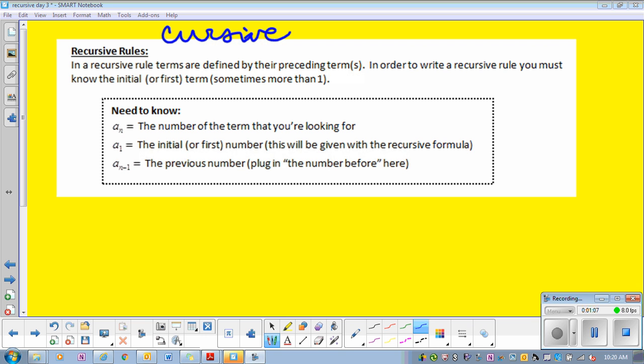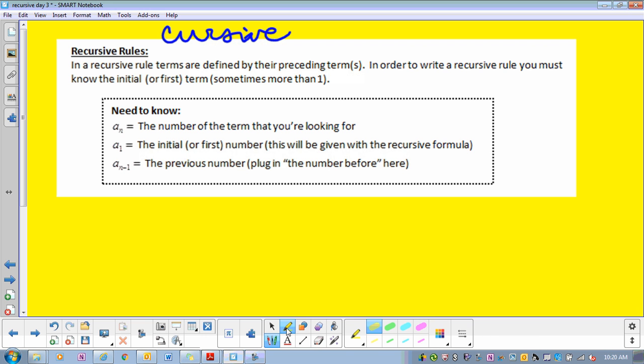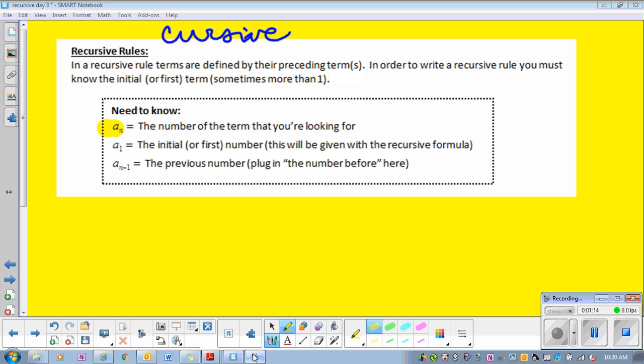You see this little guy here, a sub n, all right? A sub n with a little n down at the foot, right? It means that that's the number of the term that we're looking for, okay?